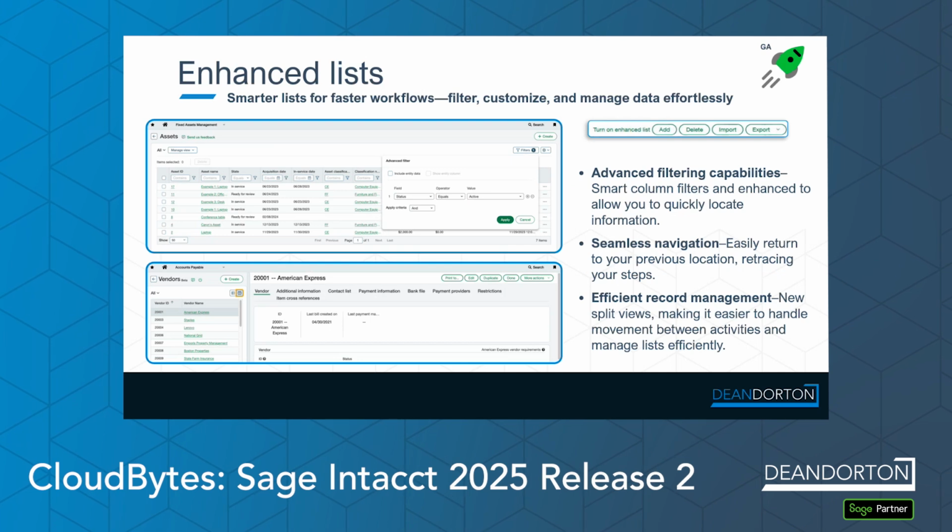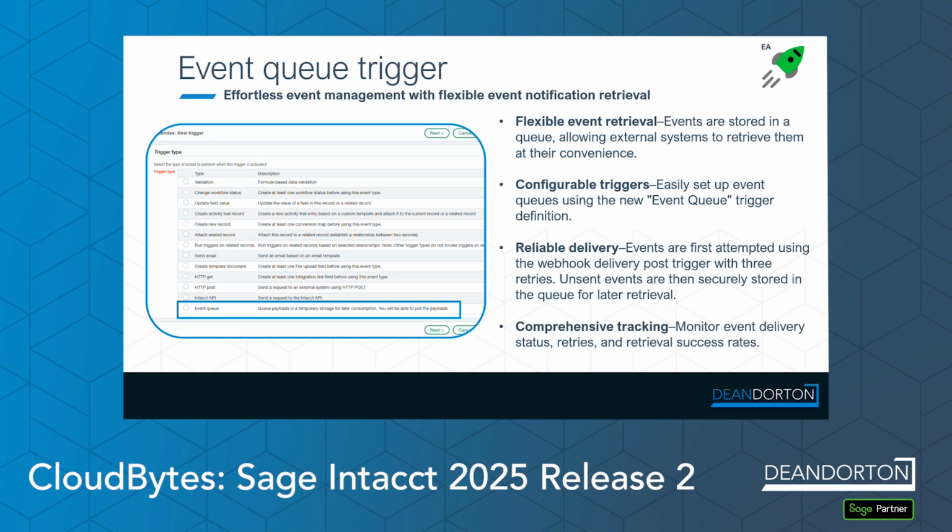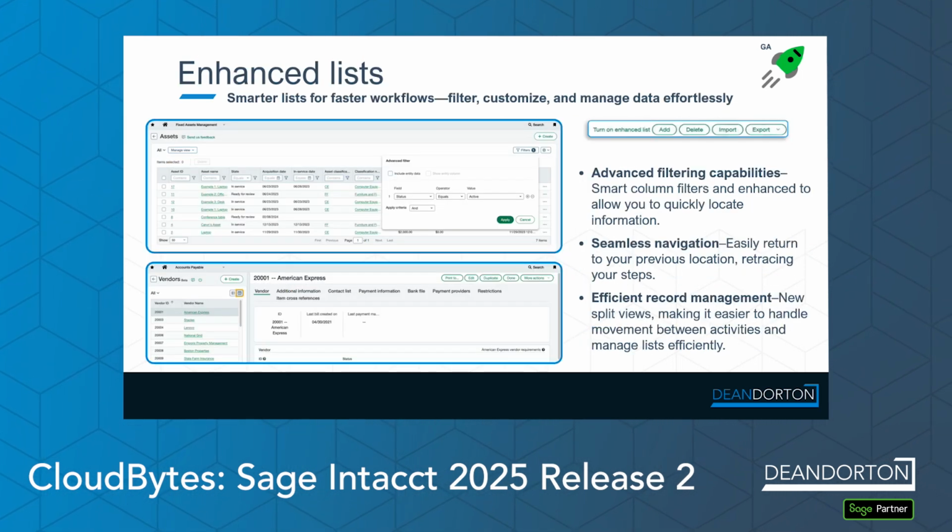Enhanced lists. Again, this is something that I think is really cool. And if you have not turned it on, you should experiment at least with turning it on. You can see a little bit of a screenshot here in the upper right where it says the words turn on enhanced list.